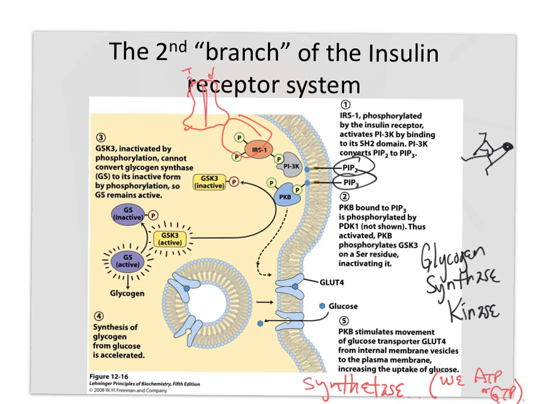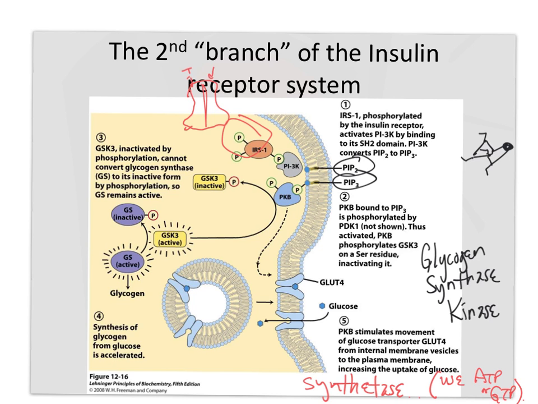Glucagon makes sure this is dephosphorylated, by a phosphatase. Therefore it's going to add a phosphate group to the original glycogen synthase, and your body won't make glycogen and will start to break it down, because you need sugar. So glucagon does the exact opposite.